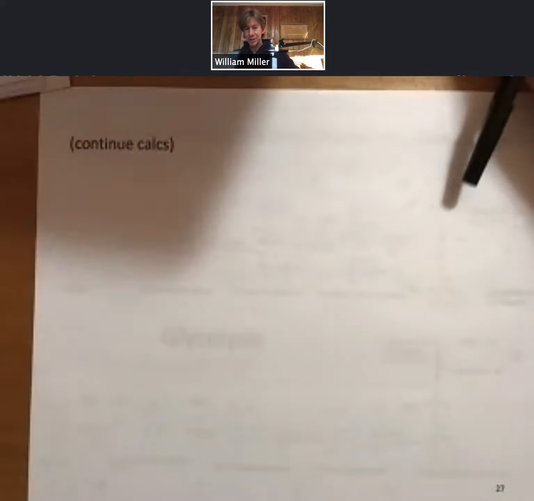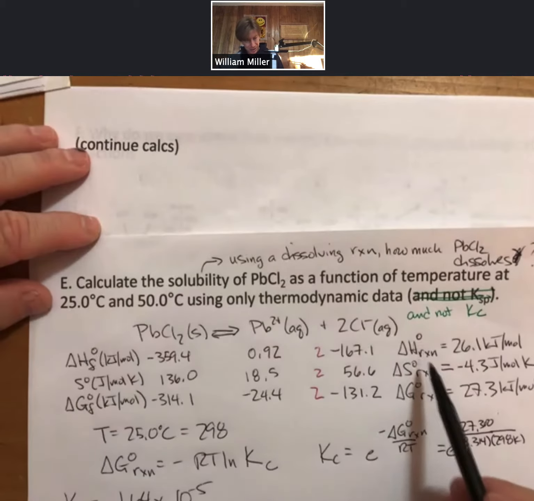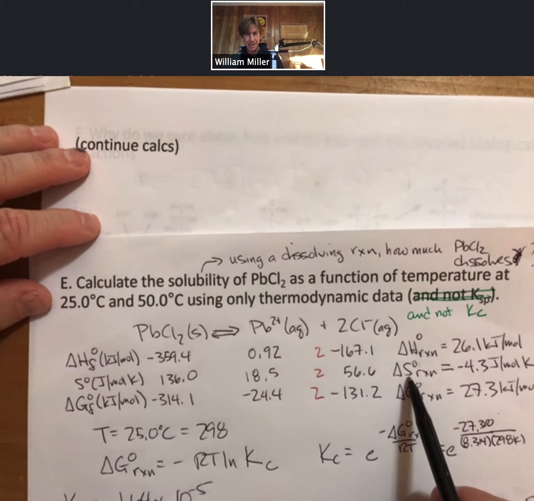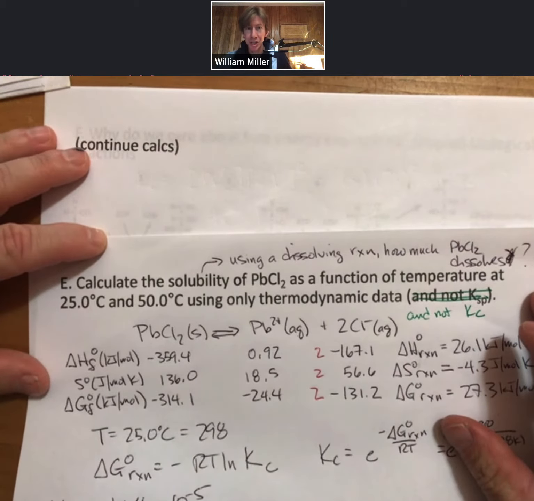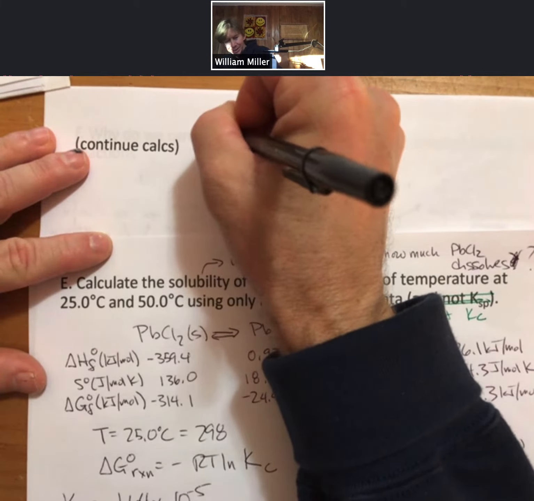Now, on my third page, let's do this at another temperature. In order to do anything at another temperature, we need to take our delta H and our delta S and calculate delta G at the new temperature. So this is going to be 50 degrees Celsius.